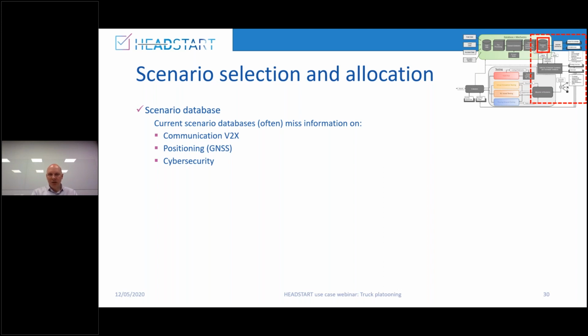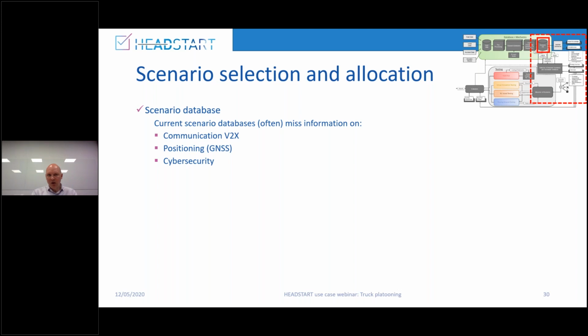What we currently see is that many of the databases are based on currently recorded data, and they mainly contain, simply said, the road layout, the actors that are on the road, and the conditions that the vehicles are driving in.